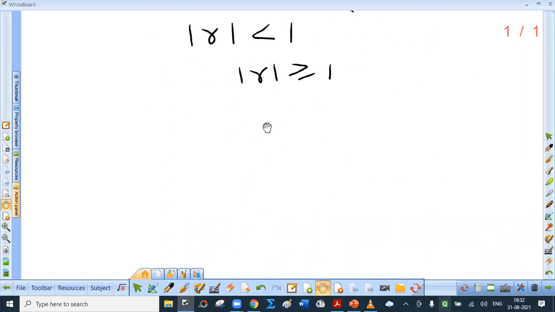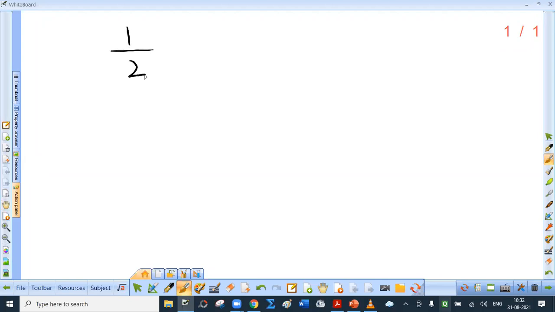Now, what is the use of this concept? See, this concept is used to express recurring decimal as a rational number. Let me explain first. If you have any difficulty, you can ask me after the explanation part. See, 1 upon 2, 1 upon 3. What is the difference between these two? 1 upon 2 is 0.5.